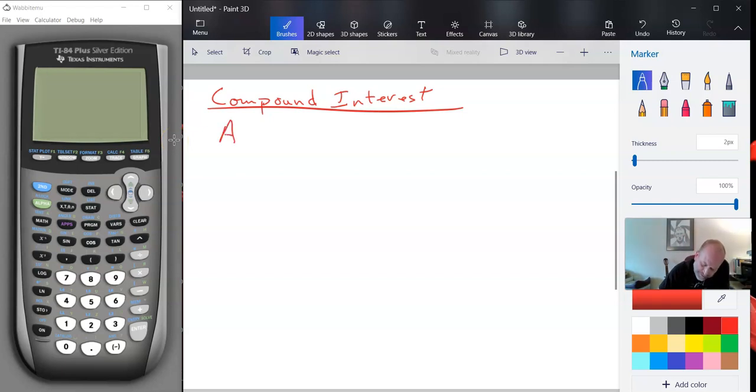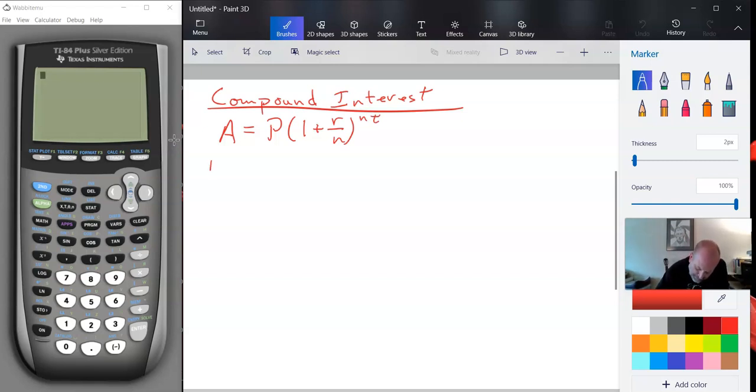The amount you have is equal to the principal, which is the amount that you started the investment with. You drop that money in the bank, and then it earns interest. And the way it earns the interest is 1 plus r over n, raised to the nt. Now we need to know what all of these things are.